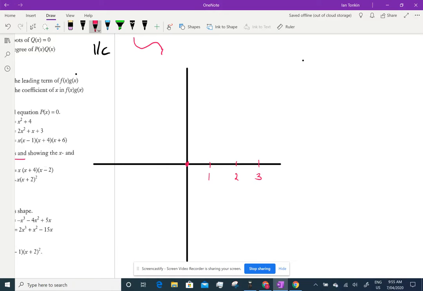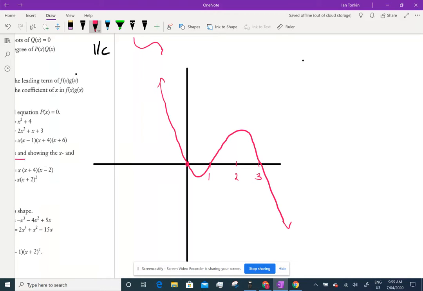Now, it's a negative, which means it's coming down here. It has to turn around somewhere to go back through 1 and turn around to come back through 3. So we know that one has lumps.